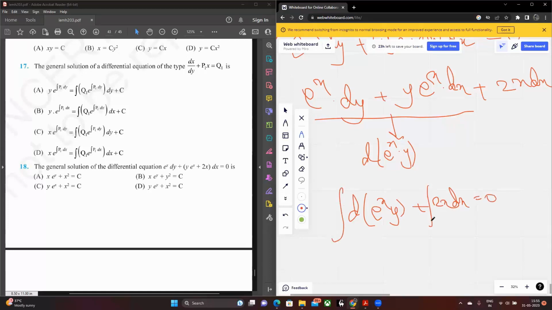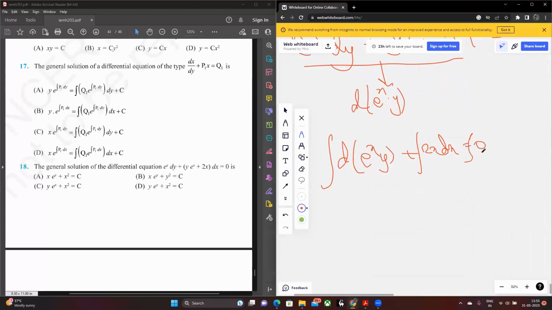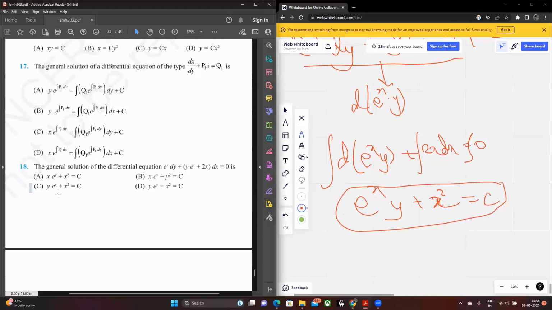Integrating on both sides, you basically have e power x y plus x squared equaling a constant c. So this is y e power x plus x squared equaling a constant. Again, the option is C.